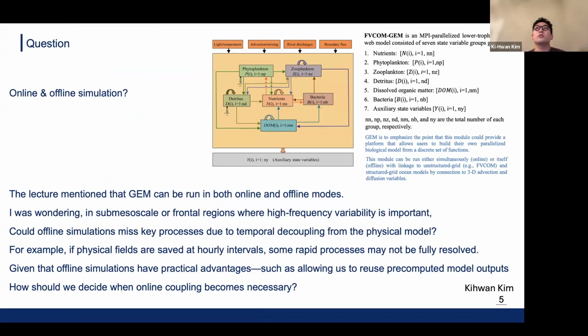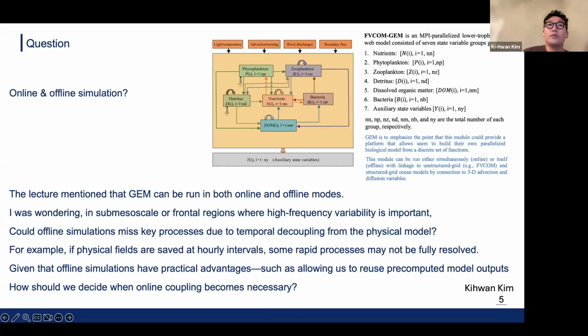My question is about the online and offline simulation of the FABM gem. In the lecture they mentioned that the gem can run in both online and offline mode. I wonder, for example, in a submesoscale frontal region, which has high frequency variability, whether the offline simulation can sometimes miss some key processes due to the temporal decoupling from the physical model.